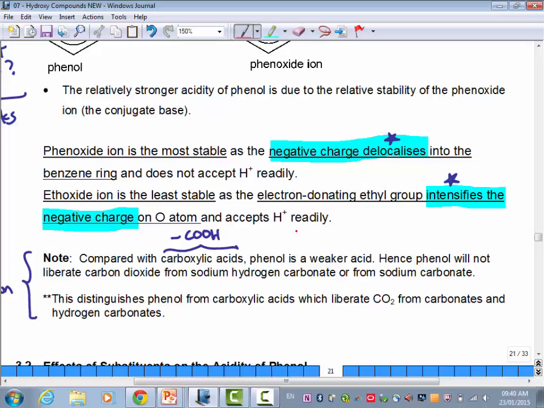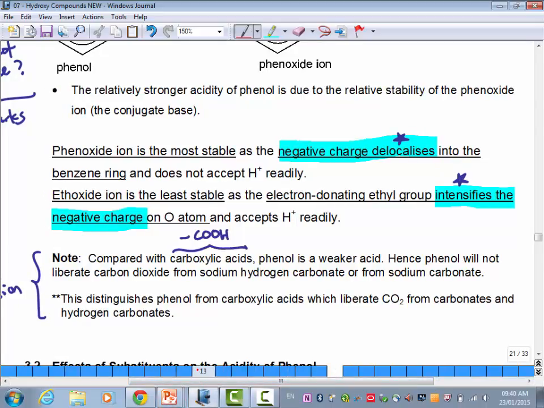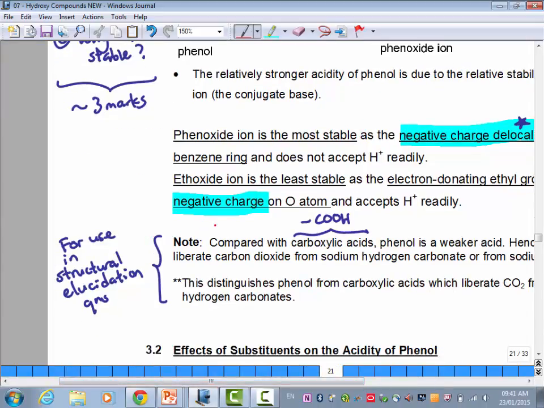How do you exclude phenol at the end of the day? Very simple. If the question tells you that this compound does not liberate carbon dioxide when reacted with sodium carbonate or sodium hydrogen carbonate, then it has got to be phenol. If it can liberate carbon dioxide, it means that it is a carboxylic acid. So this part is for use in structural elucidation questions.